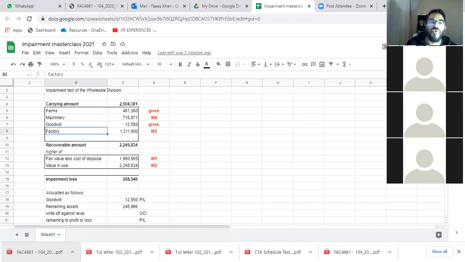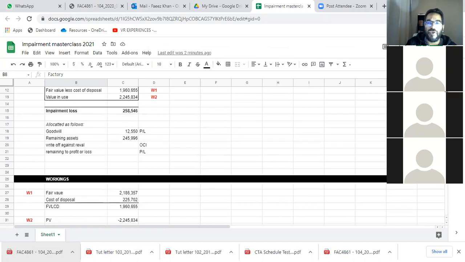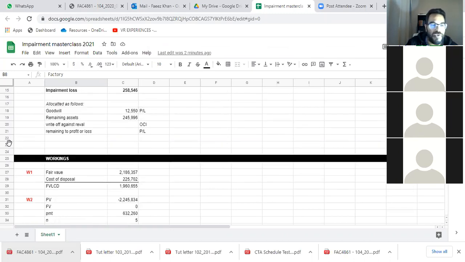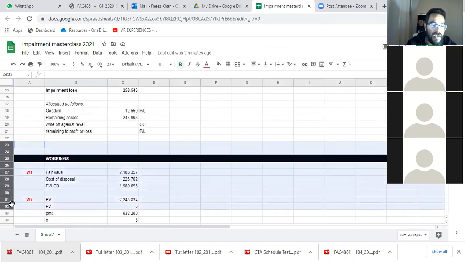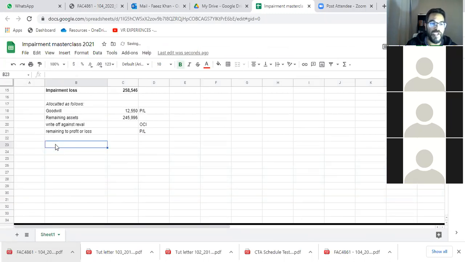Okay, so now we're going to do the allocation. When you do this allocation, you set up a table. You can do it how you like, but you can also use this format if you want. So now we're going to allocate against the remaining assets.